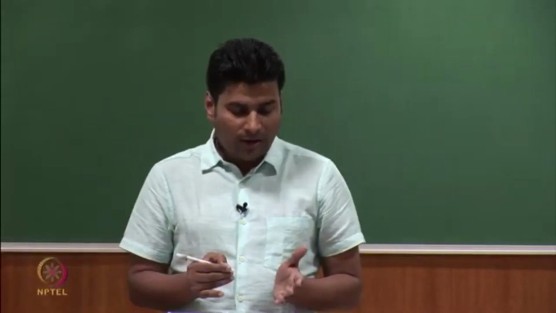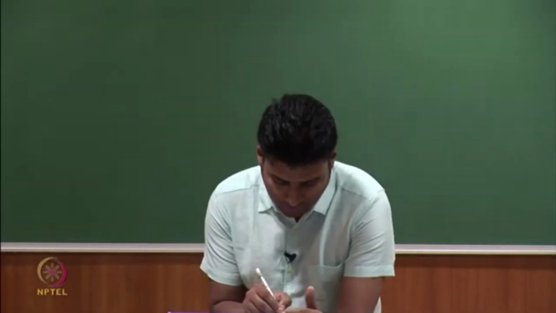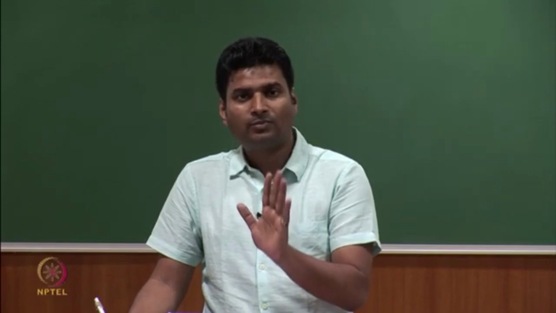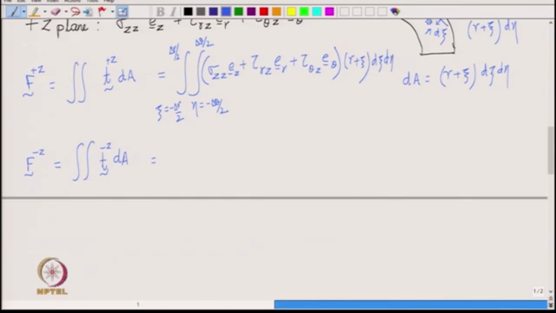And likewise, you also have the force on negative z plane, is not it. So, force on negative z plane you are also going to have, which is T minus z dA, and remember what will be T minus z, that is going to be the stress tensor multiplied with minus of E z, because the normal to the minus z plane is minus of E z. So, in terms of the components, all of them get a minus sign then, is not it.